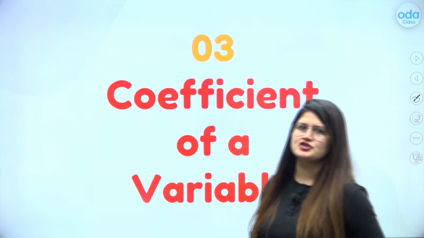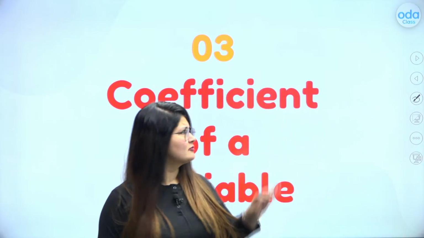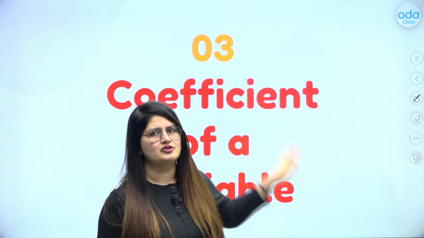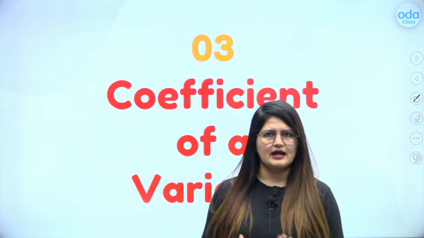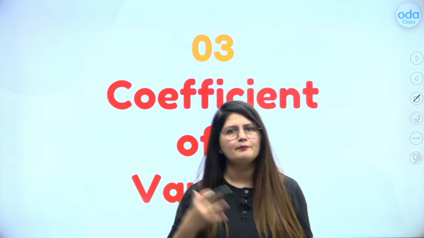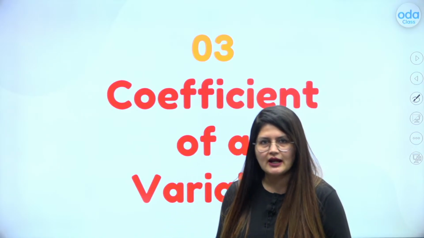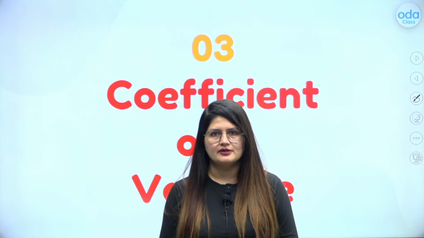Now, what is the coefficient of a variable? If I have to explain this, what do you understand by the word coefficient? Let's understand it in regular life. Coefficient means we have to talk about the partner. The way you are in a school or in a class, you always have your bench partners.